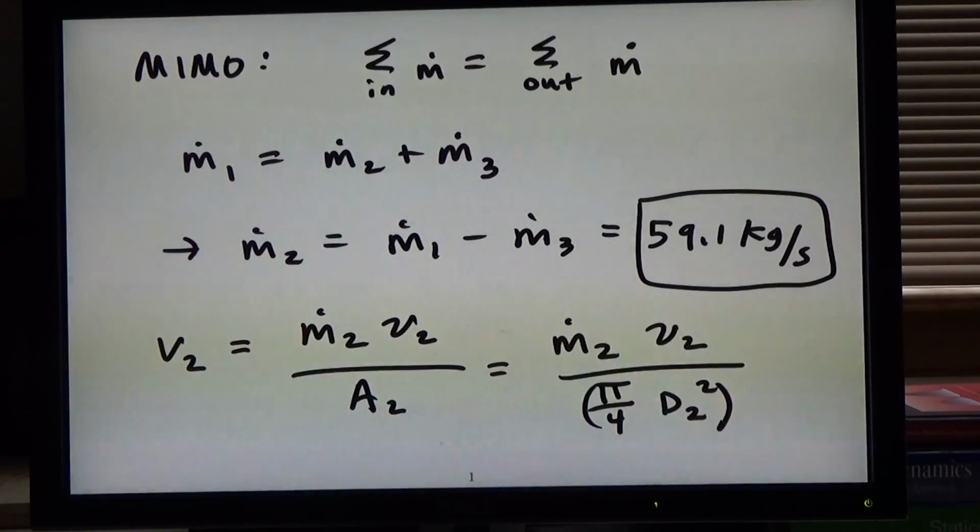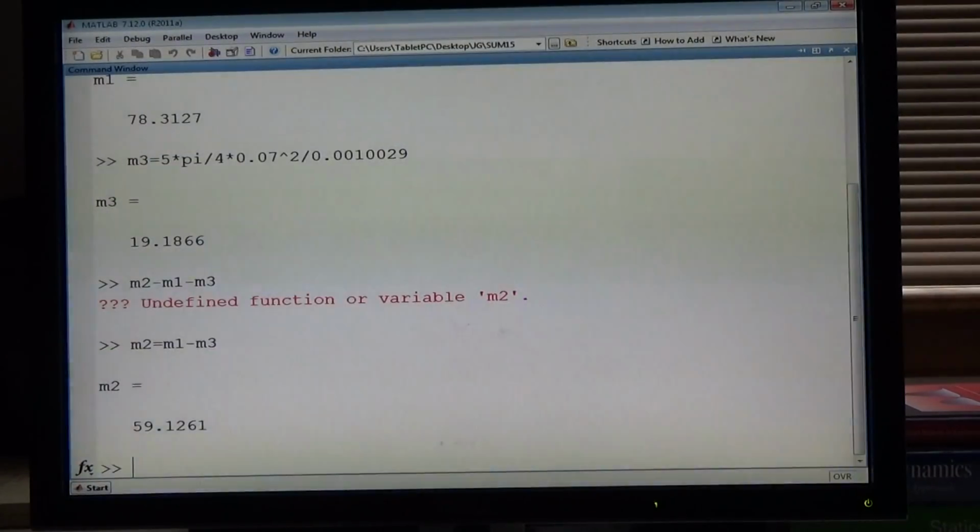So let's go ahead and enter that into our calculator. Again, we've already done this unit thing. We don't have to worry about the units here as long as we're using standard units.